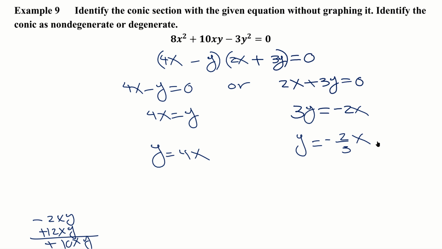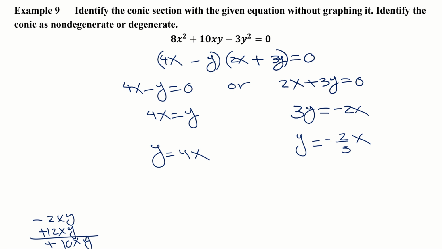For both of them, b is 0, and of course that means the y-intercept is going to be at (0, 0) for both of them, and they meet at the origin. Another interesting thing to note is that they're not in the simple form of y equals some constant, so therefore they're both oblique lines. They're neither horizontal nor vertical. That happens because of the existence of this 10xy in the middle. This xy term is what turns them into an oblique scenario.